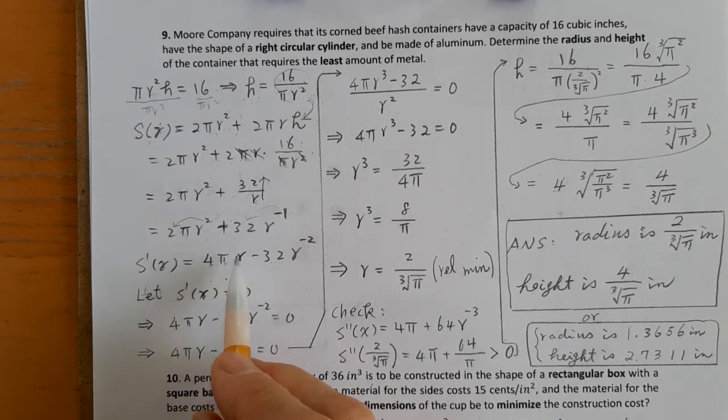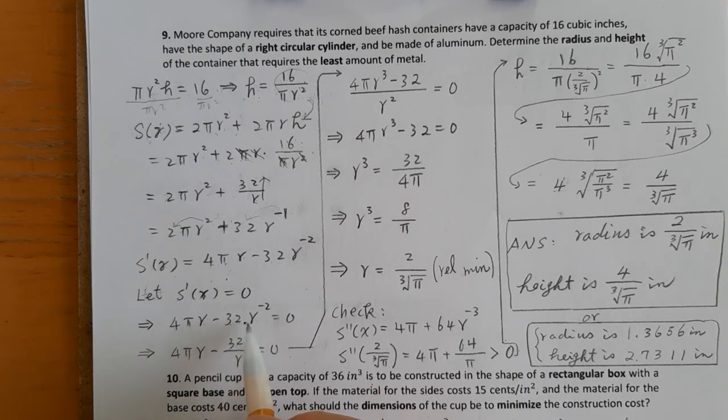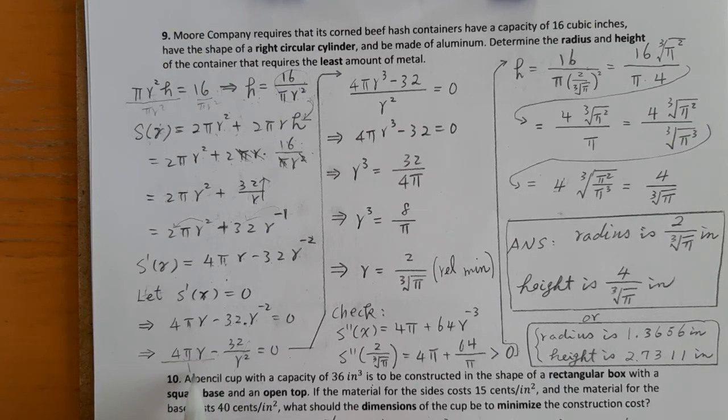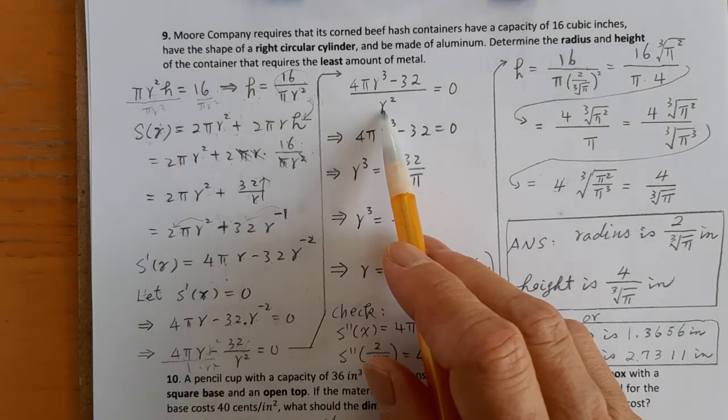Solve for r, get the critical number. So it's 4 pi r minus 32 r to the negative 2 equals 0. Bring r to the negative 2 down to the denominator: 4 pi r minus 32 over r squared equals 0. Multiply both sides by r squared, and get the same denominator r squared.